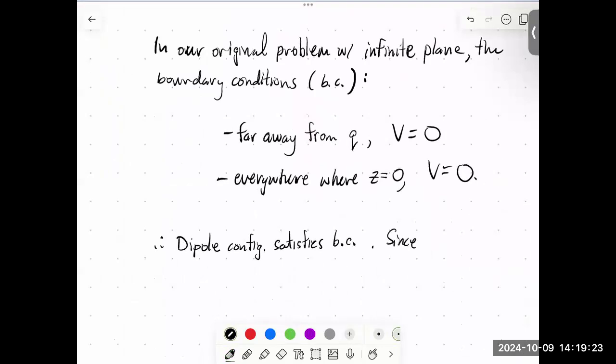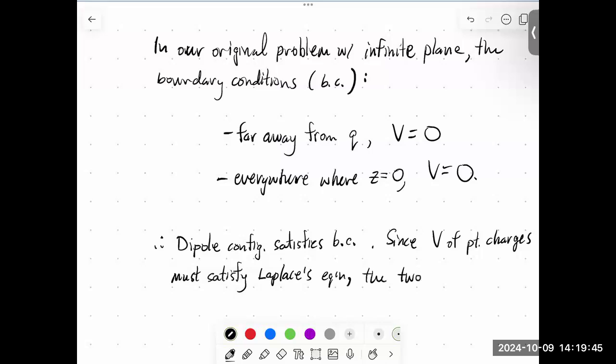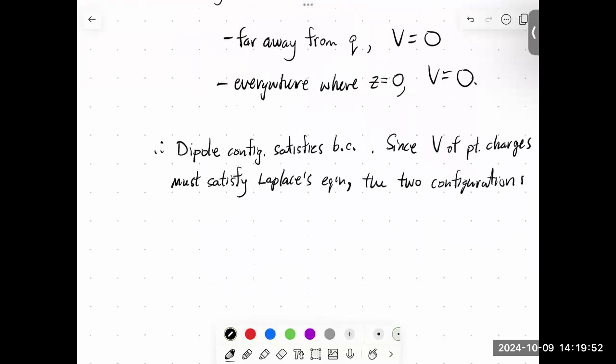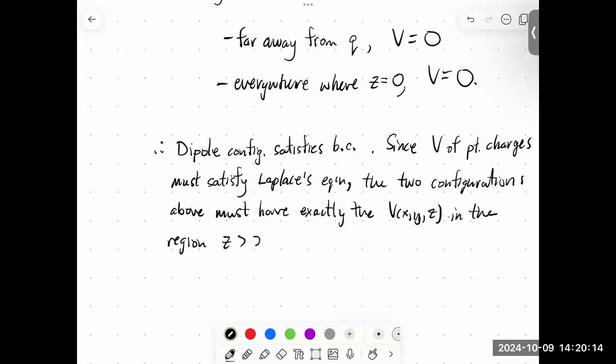And since V of point charges must satisfy Laplace's equation, the two configurations above, that is the infinite plane with only one point charge, and then the dipole, must have exactly the same V of X, Y, Z in the region Z greater than 0.